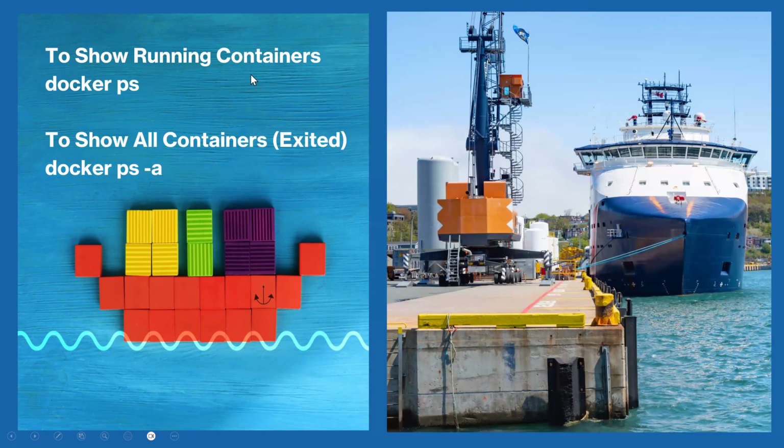To show running containers, basically you type in docker ps. Docker ps is going to show you what is currently running as a container. But if you want to see all the containers, even the ones that have exited, then you can use -a for all. So docker ps -a will show all the containers, including the ones that exited.